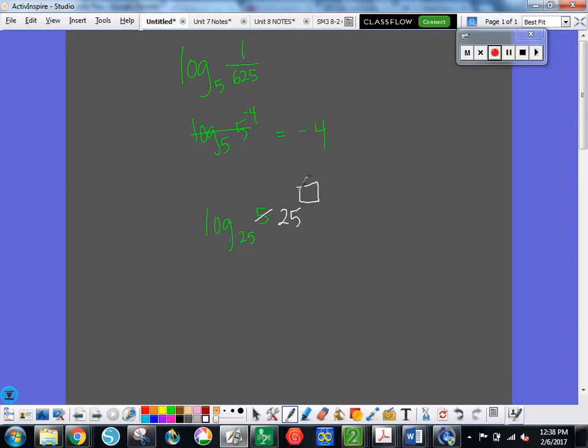What would the power have to be in order to maintain the value of 5? But then the log base 25 will cancel. 25 to the what? 1/2? Because is it true that the square root of 25 is 5? So if we wrote it as 25 to the 1/2, these will cancel and we're left with what?